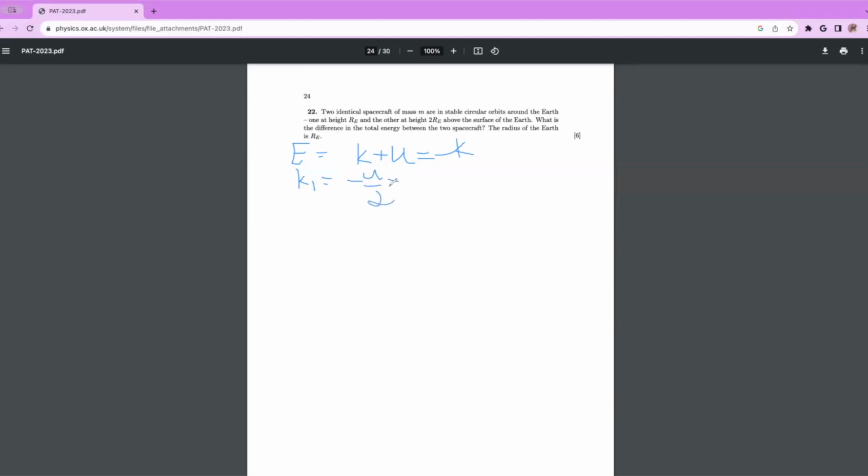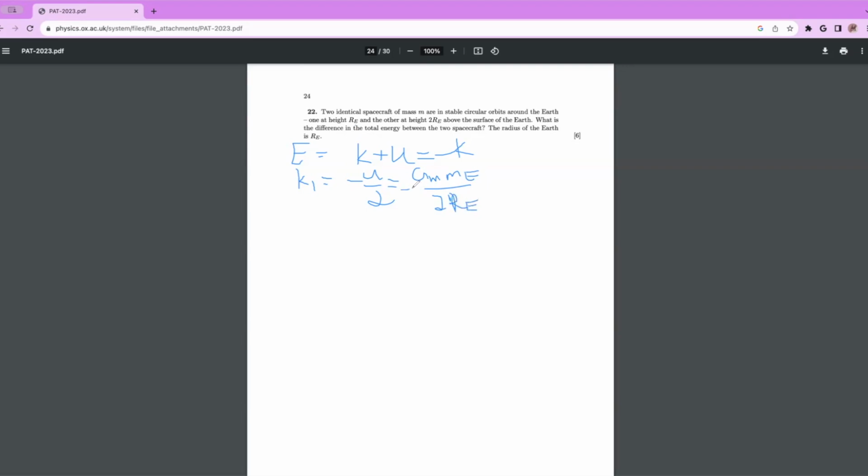And the potential energy is G M m over R, so that would be G M m_E over the distance to the center of the Earth. Since it's at a height of R_E, the distance is 2R_E, because you have to add the extra one from the Earth itself.